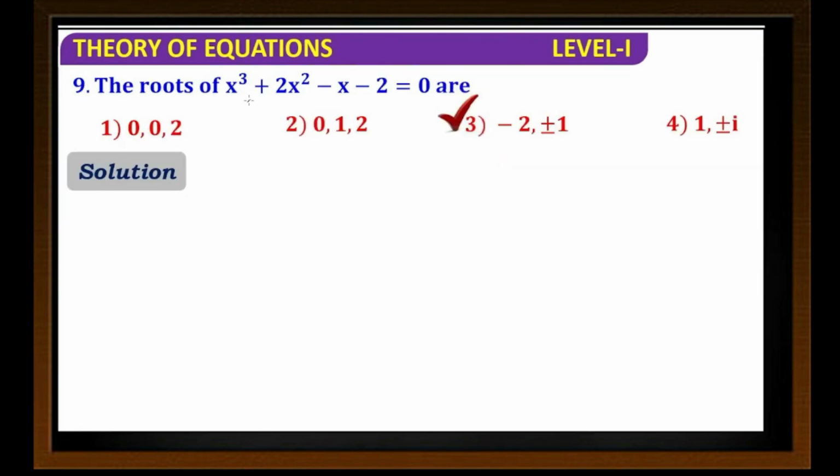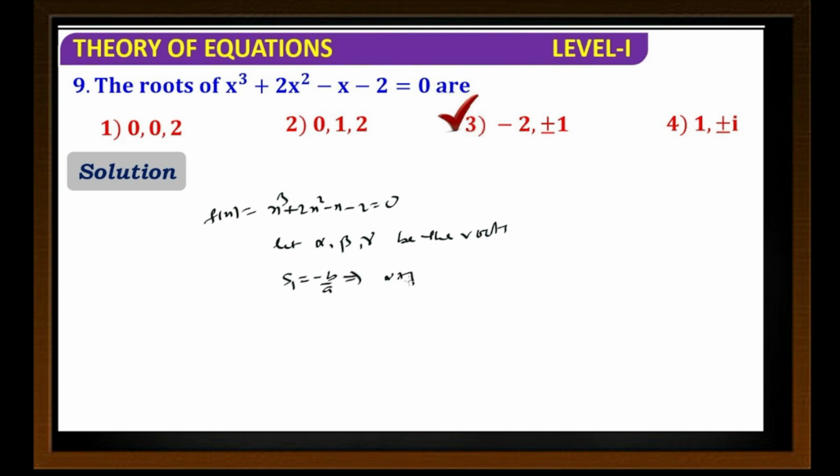Question number 9, the roots of x cube plus 2x square minus x minus 2 equals 0. So given f of x is x cube plus 2x square minus x minus 2 equals 0. Let alpha, beta, gamma be the roots. So S1, the sum of the roots, is minus b by a.